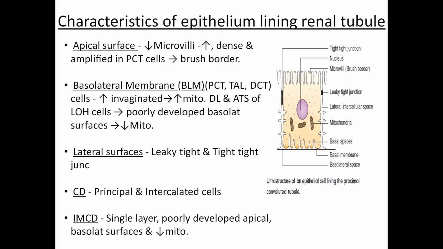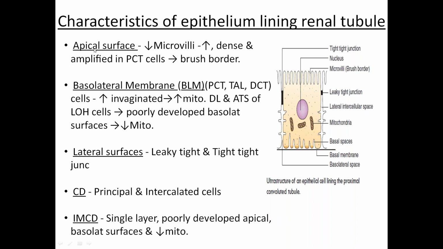Then some characteristics of the epithelium lining the renal tubule. This epithelium has special features suited to perform specific transport functions. The cells lining the renal tubule are mostly cuboidal, except in the thin segment where they are flat or squamous.